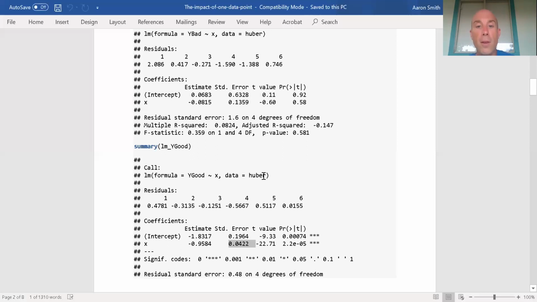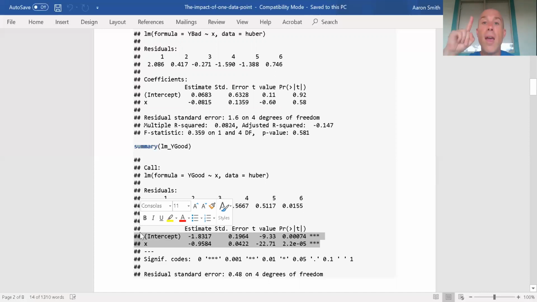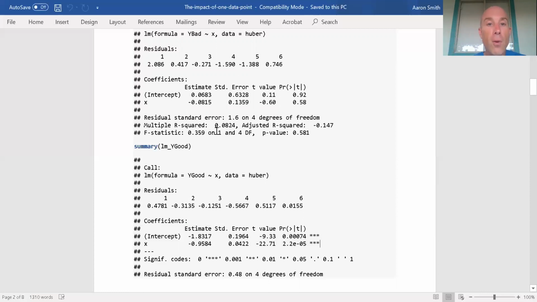Correspondingly, our t-values, which are the ratio of the estimate and standard error, give us what we would expect to see: here neither one of these is statistically significant, while here both of them are statistically significant. We can see that changing that one Y value has had a huge impact on the model so far. But wait, there's more. The multiple R squared and adjusted R squared are lousy. That's nothing.